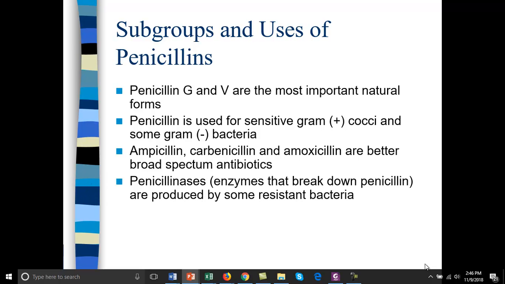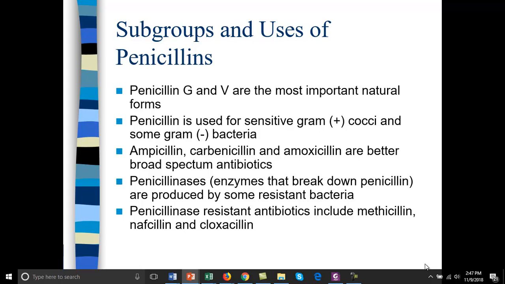Okay. A lot of bacteria, including almost all strains of gonorrhea, produce an enzyme called a penicillinase, and this type of enzyme breaks down penicillin, and so therefore it can't be used in the treatment of penicillinase-resistant bacteria.